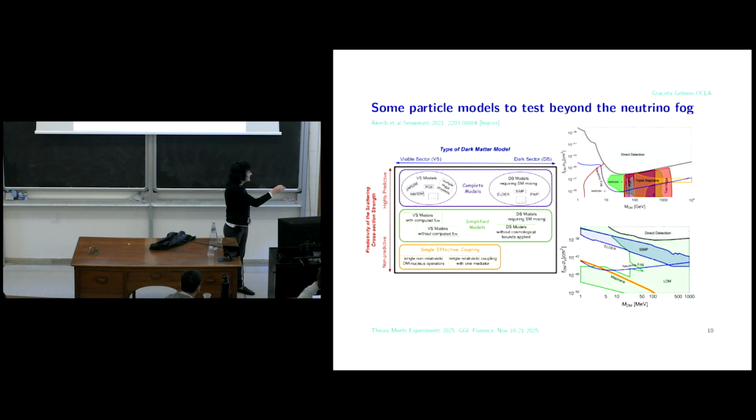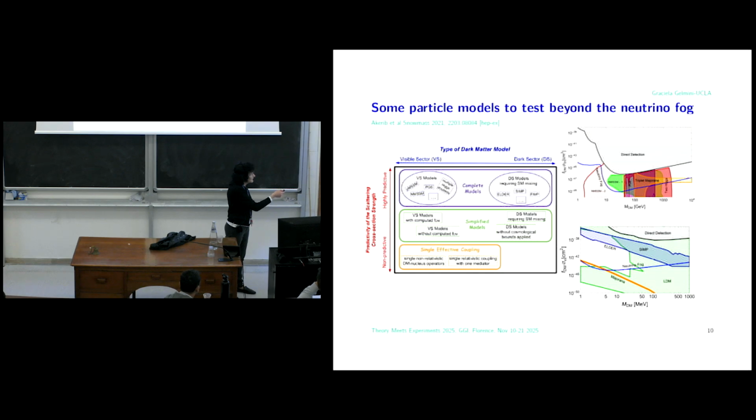In the visible sector and highly predictive, you have, for example, phenomenological MSSM, non-minimal MSSM, and so forth. Multiple Higgs doublet models, and so on.